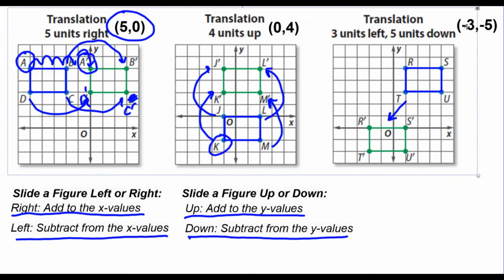We would be subtracting 3 from the x values, and subtracting 5 from the y values. So we'll move 3 to the left and 5 down. And then R goes to R prime, T goes to T prime, S goes to S prime, and U goes to U prime.